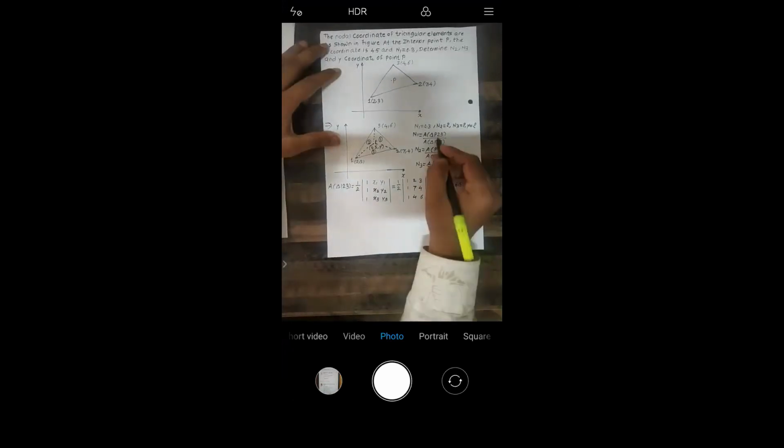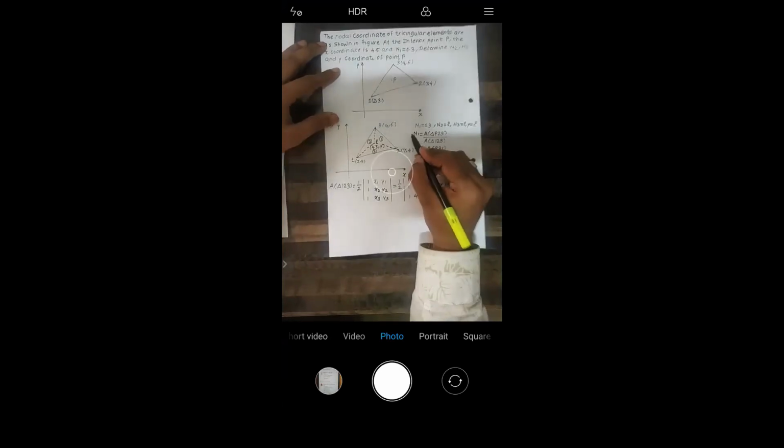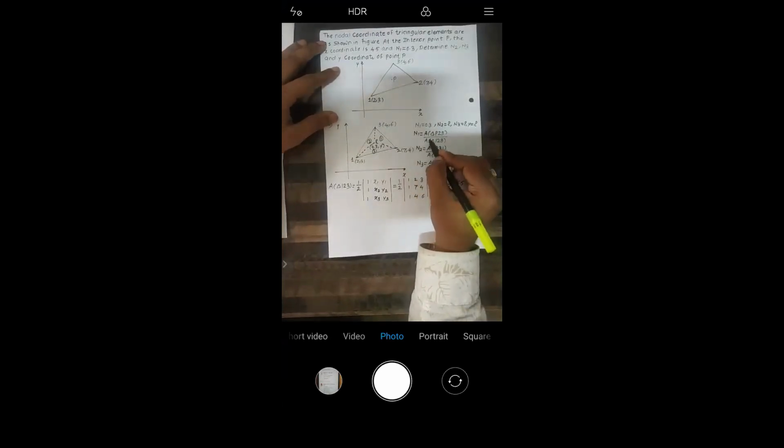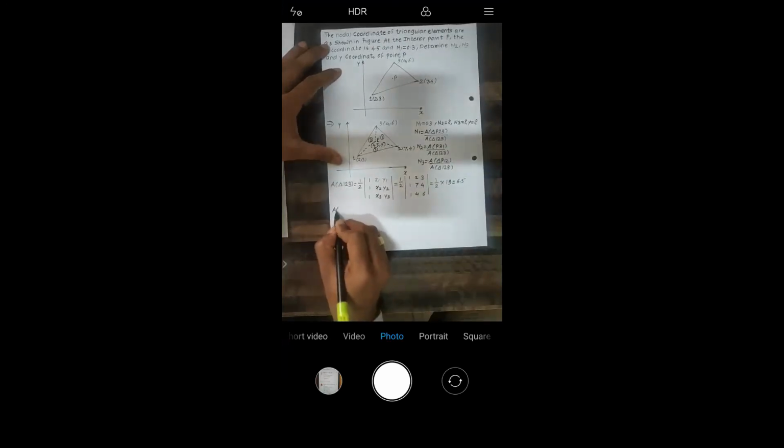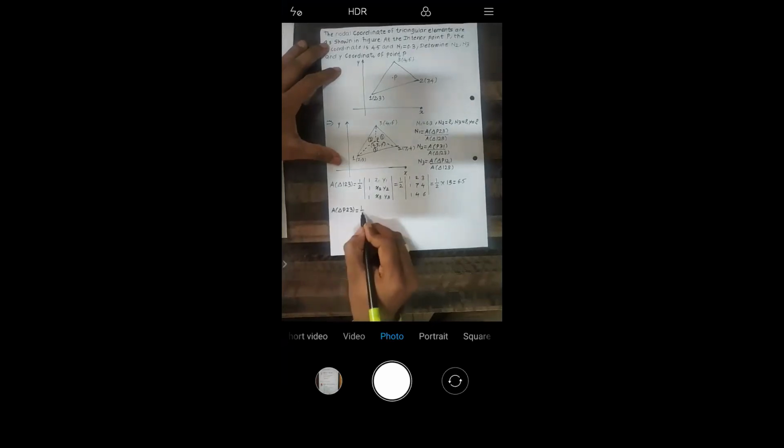Now can you calculate the area of triangle P23? Because N1 is known and the area of triangle 1, 2, 3 is known, we need to calculate the area of triangle P23. Try to understand. The area of triangle P23 is given by half into the matrix with first row 1, 1, 1.